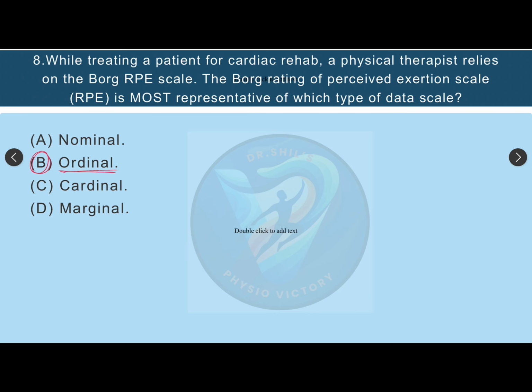option B, ordinal. Borg RPE scales basically rank from 6 to 20. Value shows order, not equal interval. So, it is an ordinal scale. If there are equal measurable intervals, then it will be called cardinal.